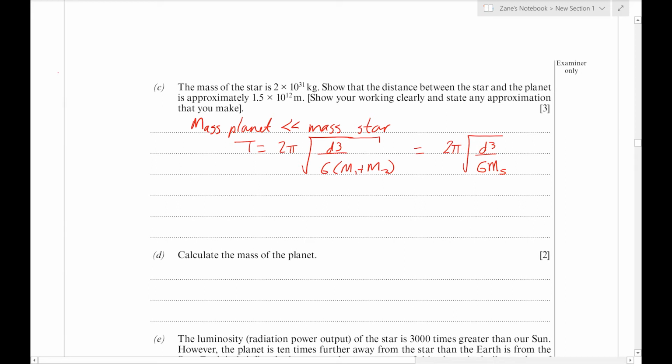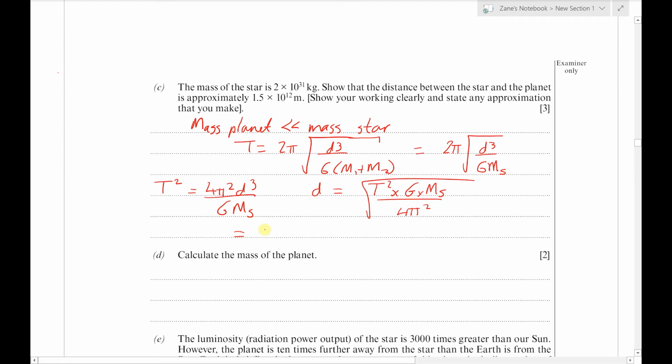Square both sides. I'll do lots of algebra here to show you the steps. We get T squared is 4 pi squared d cubed over G times the mass of the star. And we're trying to find d. So d is going to be T squared times G times the mass of the star, all over 4 pi squared, and cube rooted.